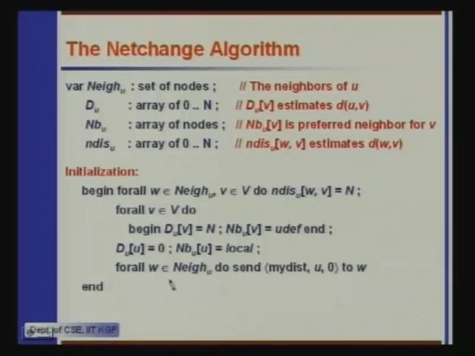It is going to set its estimate of all distances to be equal to n, which is equivalent to infinity, and it will set the distance to itself to be equal to 0, and then just like Chandy Misra's algorithm, it will broadcast to its neighbors that my distance from me is 0.